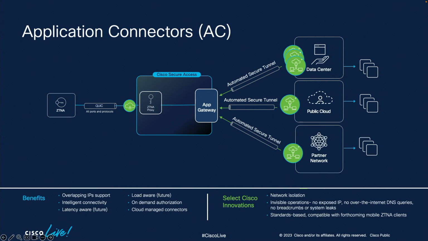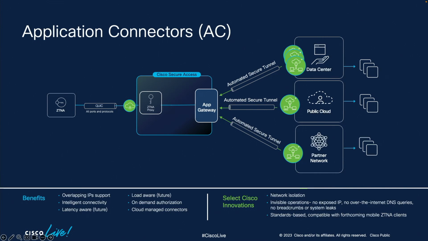What does this give us? This gives us the ability to support overlapping IPs. It acts like a proxy connection with our app connectors, and these connectors are aware of the apps behind them.